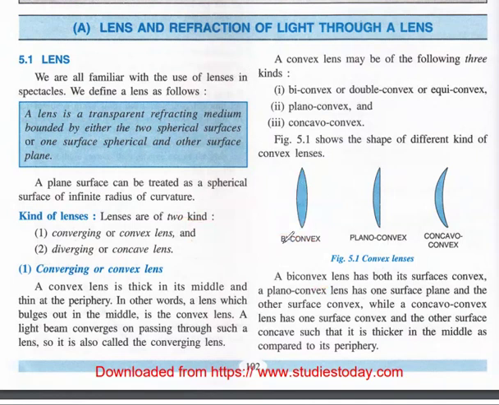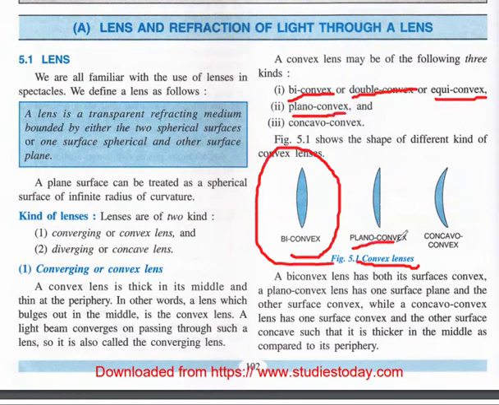We have three kinds of converging, also known as convex lens. The three types of convex lenses are biconvex, double convex, and equiconvex. First is this one.